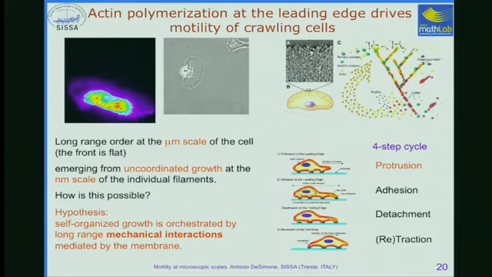There are many filaments, so who's the orchestra director? There are many possible answers. The thing we want to explore is whether mechanical interactions, the fact that all these filaments are pushing against the same membrane, so the mechanical stresses through the membrane, could be the organizing principle.